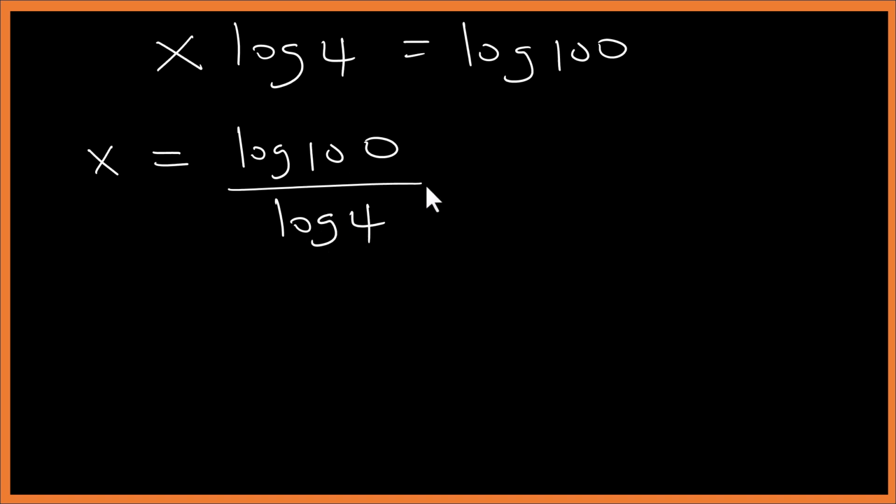Okay, now let's reduce this. We are going to do algebraic manipulation, and reduce them. So what we are going to do here is to write the numerator as 100 is the same as 25 times 4.